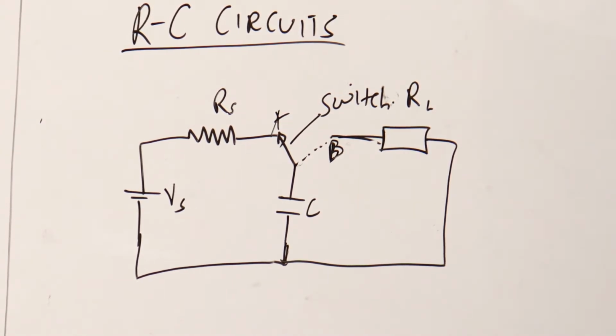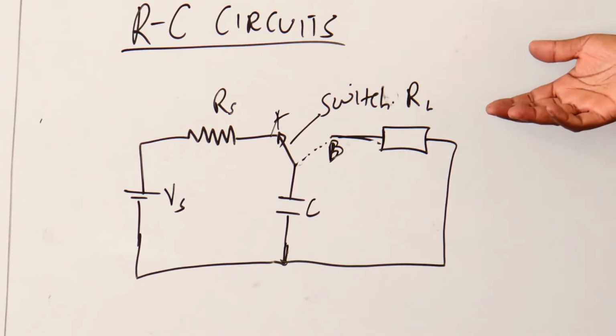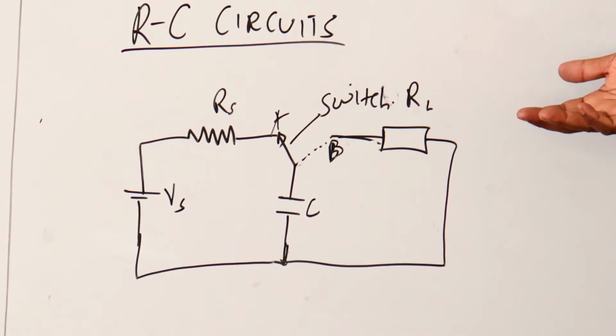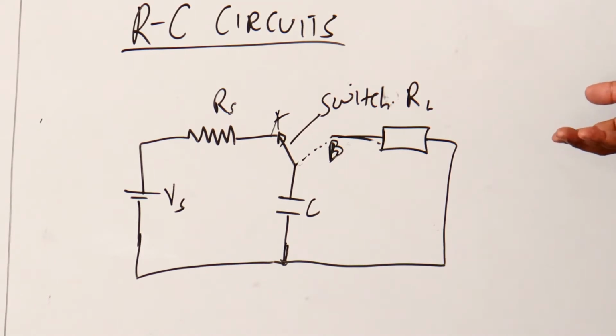We need to be able to derive equations and prove that this circuit is real by charging and discharging the capacitor. Basically we shall be using Kirchhoff's voltage law, and to understand what current flows in this circuit, we shall use Kirchhoff's current law.